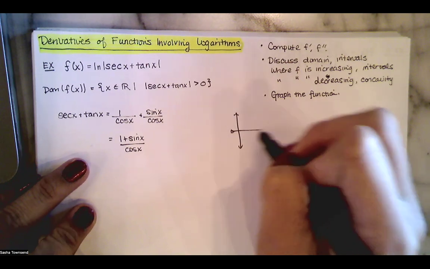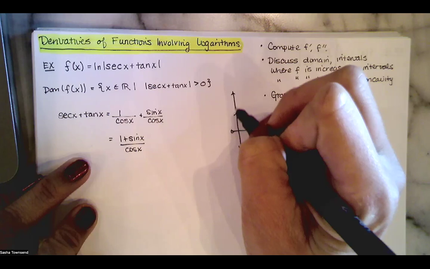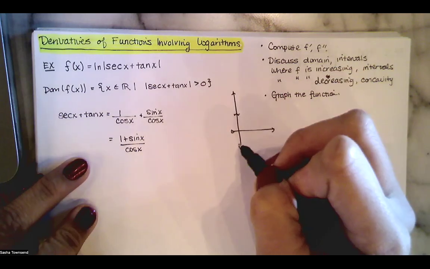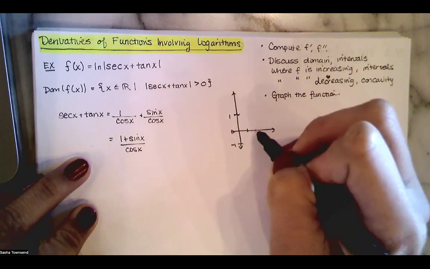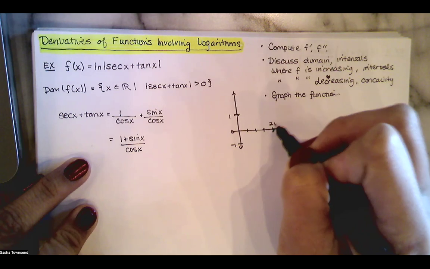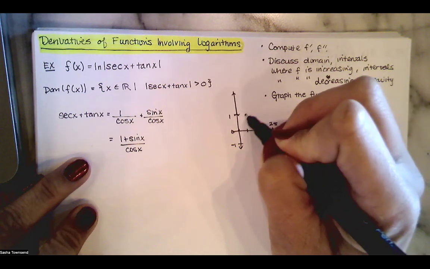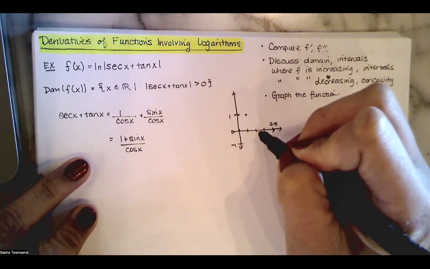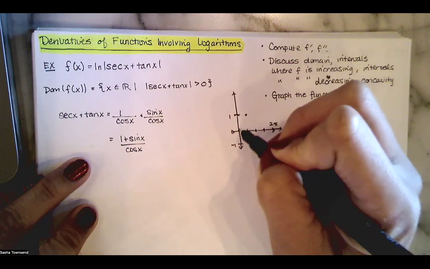So sine of x looks like this. We know it repeats itself every 2 pi. So we start at 0, and then at pi over 2, we're at a max. And then we go back to 0, and then at 3 pi over 2, we're at a min.